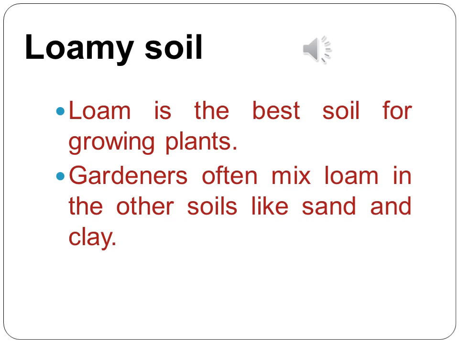In fact, gardeners often mix loam in with other soil types like sand soil or clay soil, making combinations for the proper growth of the plants. So it is the ideal garden soil and it's good for plants in multiple ways.